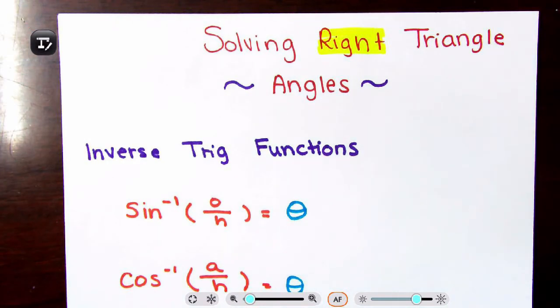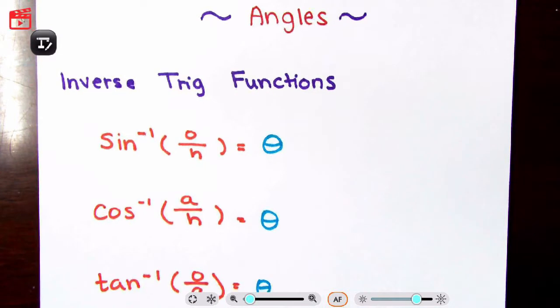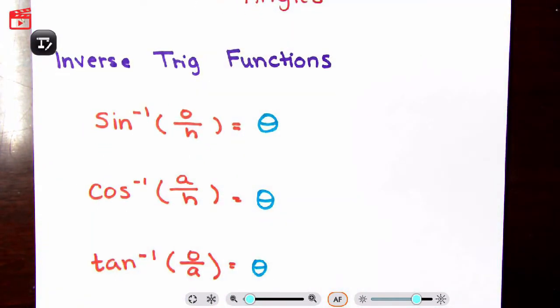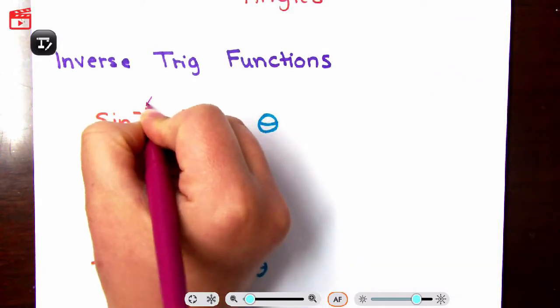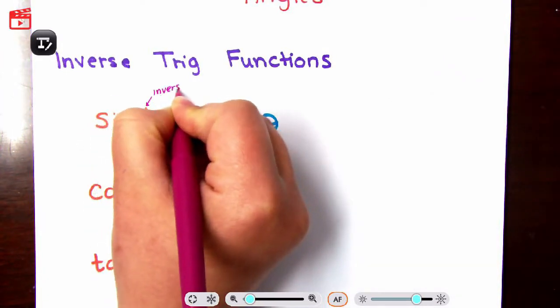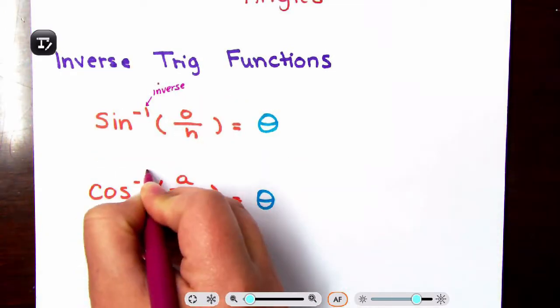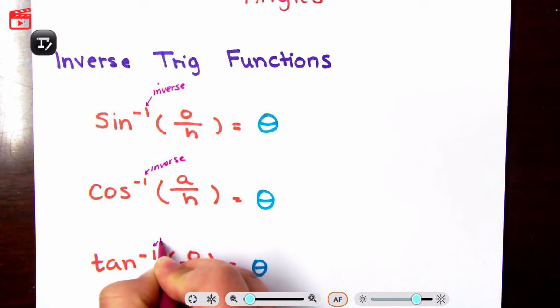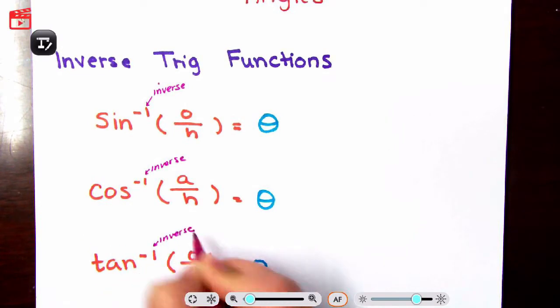Now, not only are we using the right triangle trig ratios, the sine, cosine, tangent, we're actually going to be using these inverse trig functions. So this symbol right here is not an exponent of -1. This is the inverse of sine, the inverse of cosine, and the inverse of tangent.